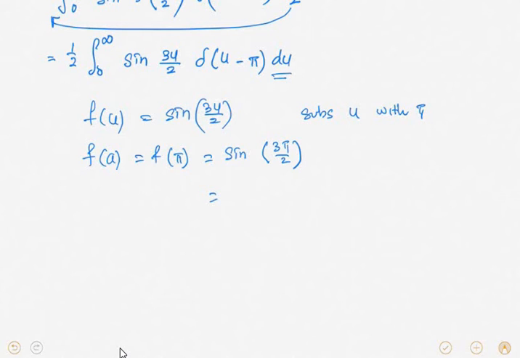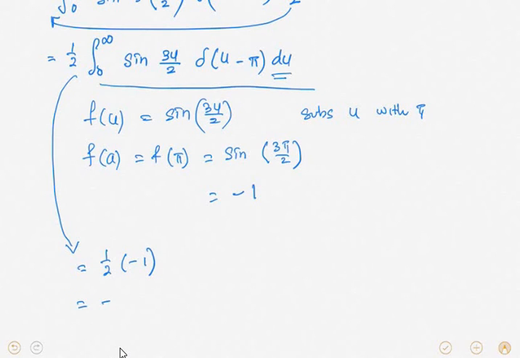Okay, you press the calculator in radian form, you get -1. So by using the result of this one, at the end you obtain half times -1, so you obtain -half.